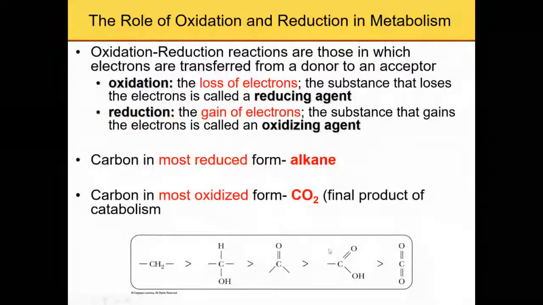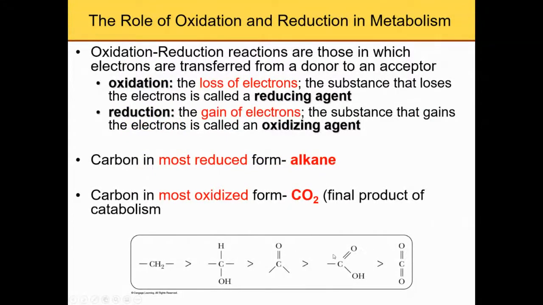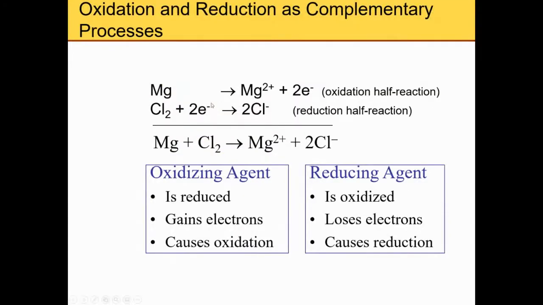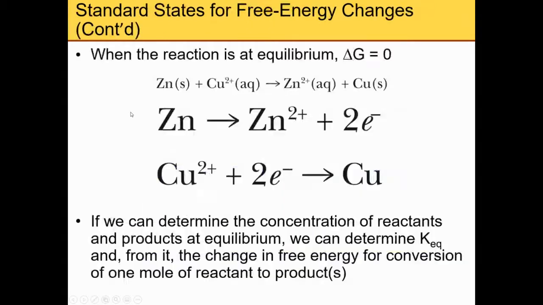So from here, they will gain the electron, gain the hydrogen, this direction, right? So they'll be reduced, and here be oxidized. Okay, so in here, magnesium loses the electron. Magnesium is oxidized, all right? Chlorine gains the electron, is reduced. So this is the oxidizing agent, right? This is reducing agent, okay? So that's oxidation and reduction.